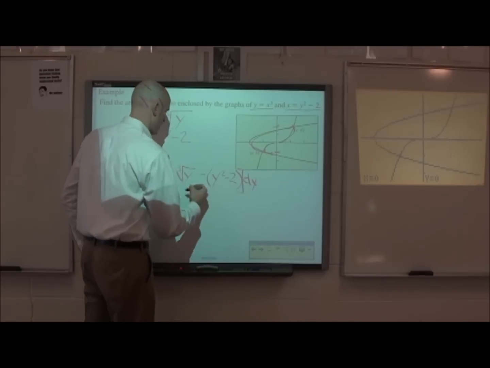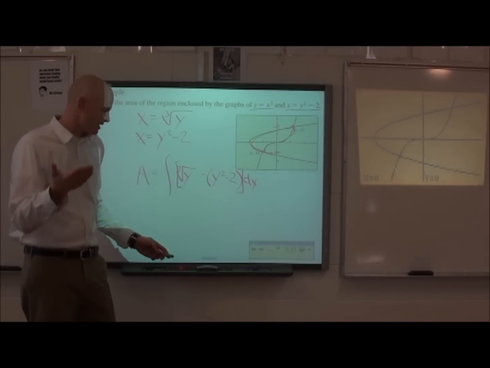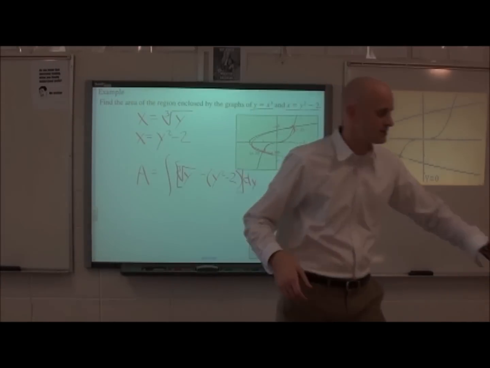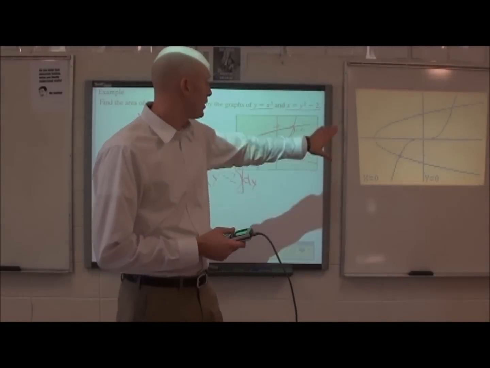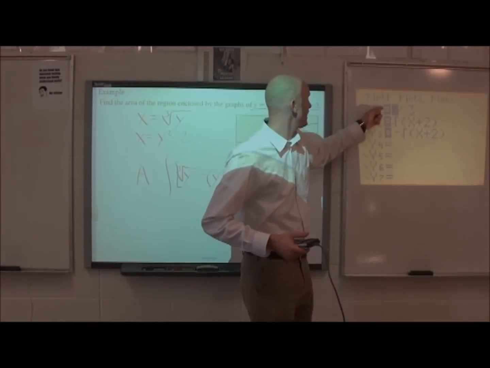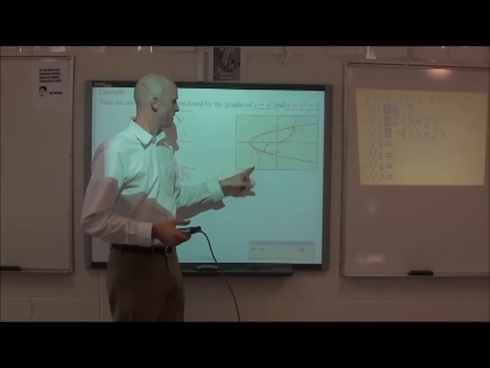And that's integrated with our dy. Now we need our upper and lower limits. Let's just verify a couple of things. For the calculator, you can see that I entered in the y equals x cubed, that's our original curve, this cubic here.